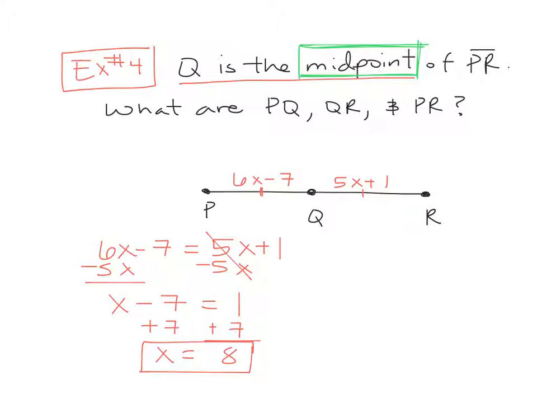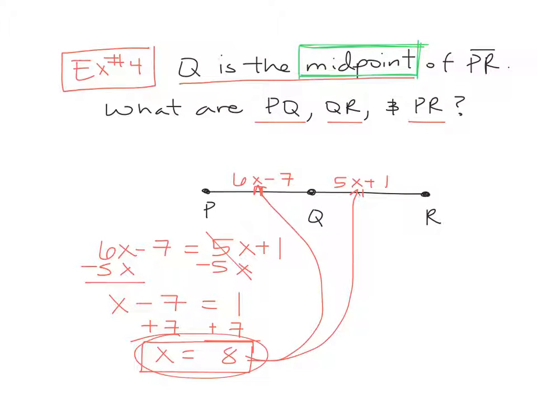Okay, but notice this, the question didn't ask what is x, right? The question asked what are PQ, QR, and PR. So you're going to take that x value and you're going to plug it in for our x's here.